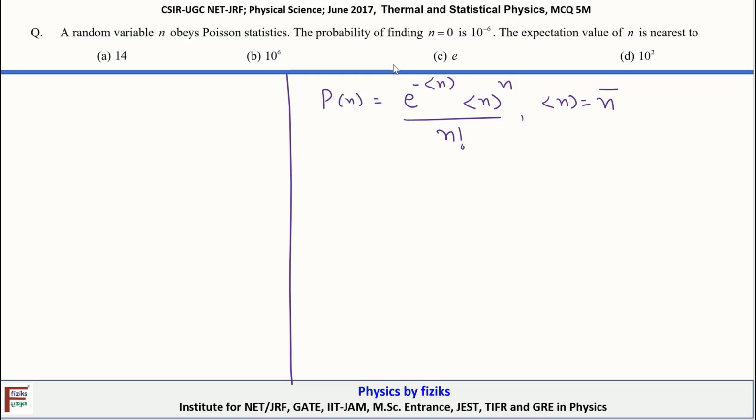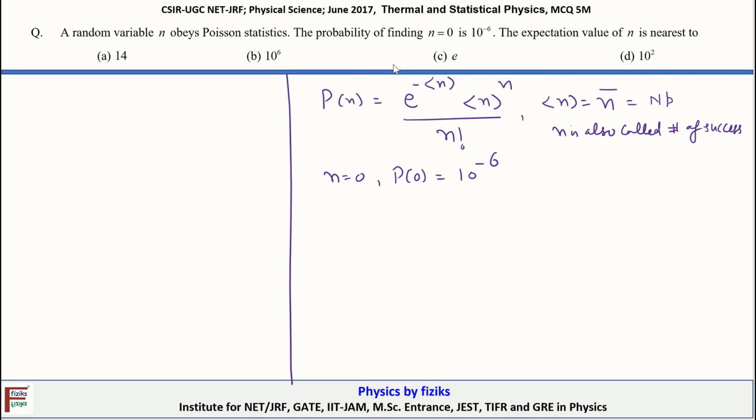This is also written as n bar, and for the random walk problem, if you remember, this is equal to np basically. This is the expectation value of n. It is also called the number of successes. Now what we are given is, for n equal to 0, the corresponding probability is equal to 10 power minus 6.